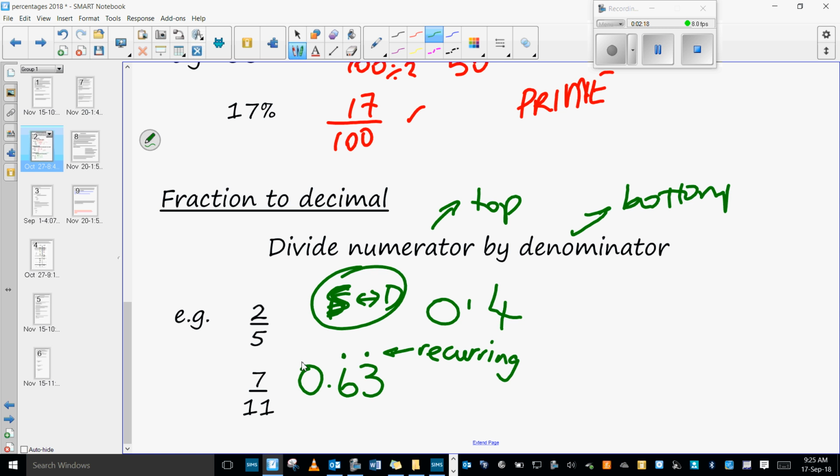If there are 2 numbers with dots on the top, it means that both of those numbers repeat. So it's 63, 63, 63, 63, 63, and it goes on. Obviously, we don't have to write it all the time, but that's what that means.